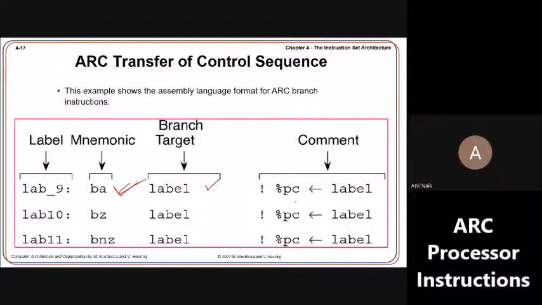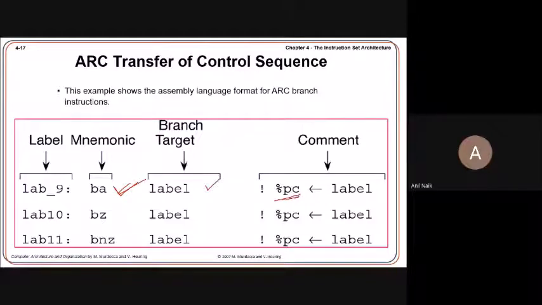Okay, so it specifies where to jump, where to go. The program counter will specify the address of the next instruction to be executed. Then branch on 0: if the result is 0, the condition is satisfied, and it will jump to the particular label.